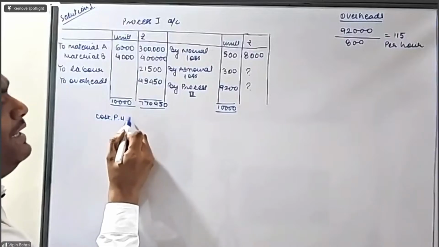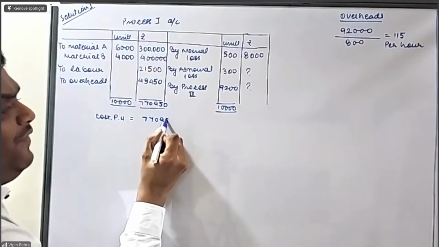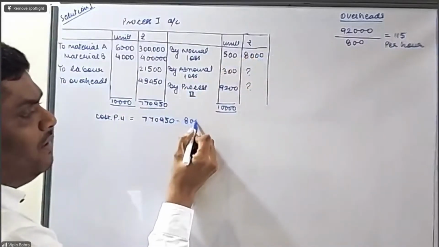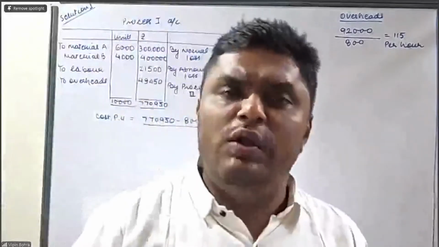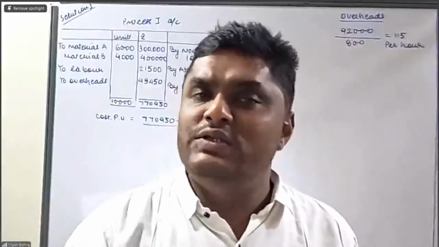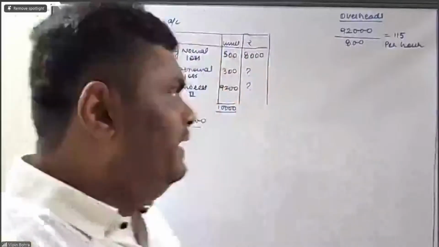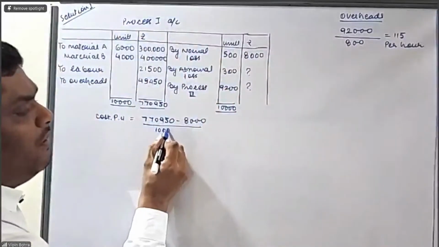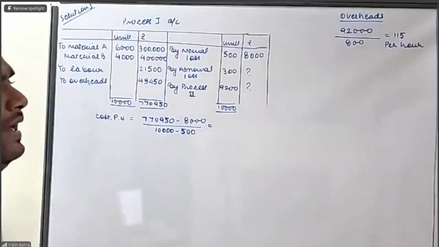We'll first calculate the cost per unit, that is 770,950, the total cost, minus the scrap value realized, divided by my expected production. I have discussed all these concepts in detail, so you can check my regular lectures on YouTube or on the portal, wherein I have covered each and every concept in detail. So divided by expected production, that is 10,000 minus 500, we will get the cost per unit.